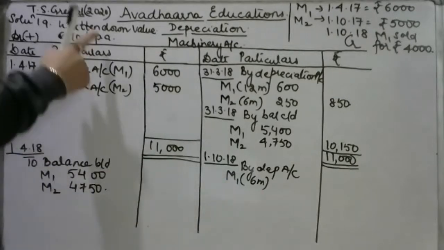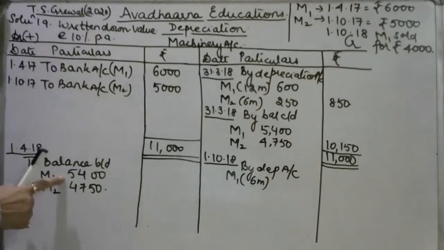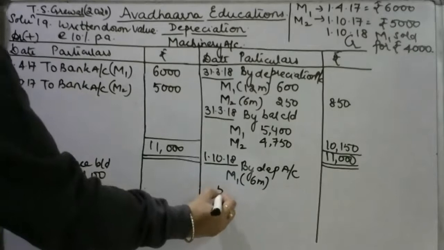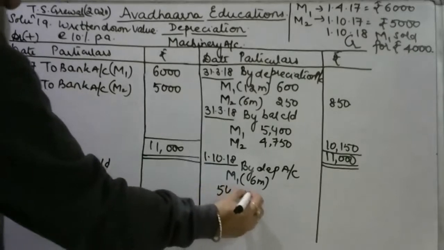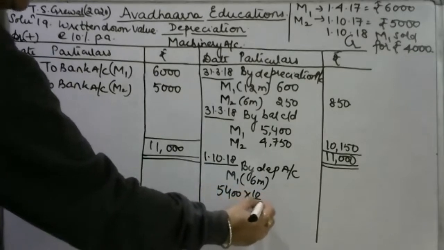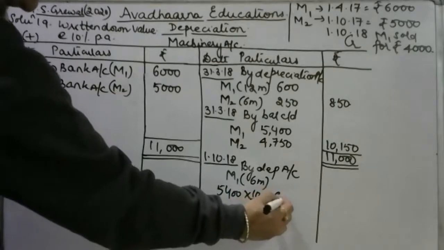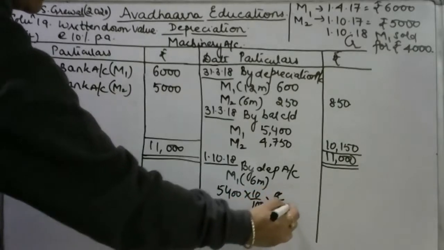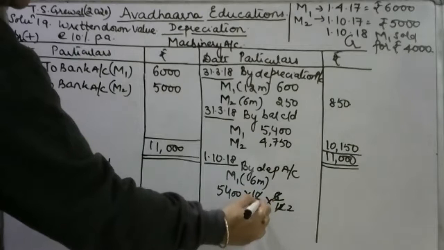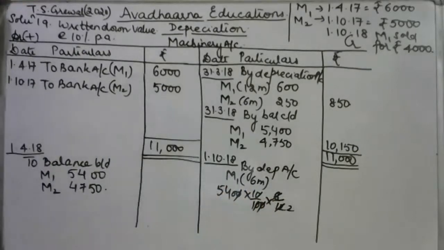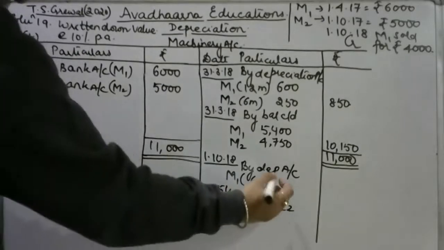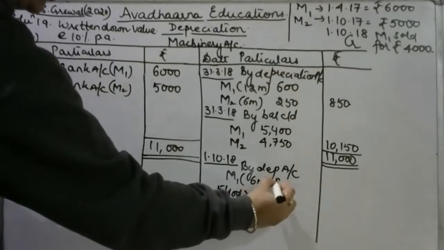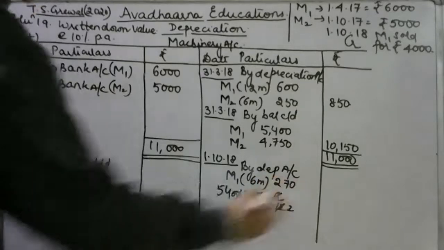See, since it is written down value method, we are going to provide depreciation on the balance brought down. So on 5,400, depreciation provided at the rate of 10% for 6 months. Right? So the amount of depreciation is 270.